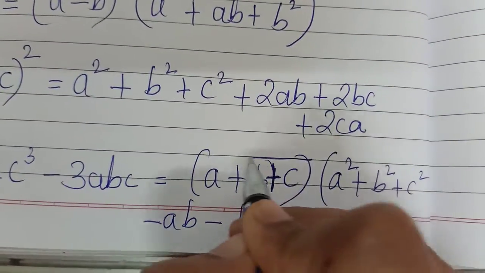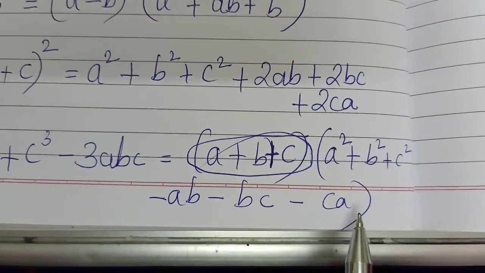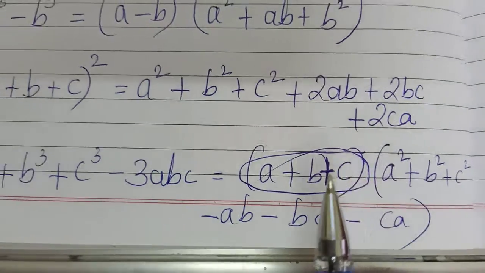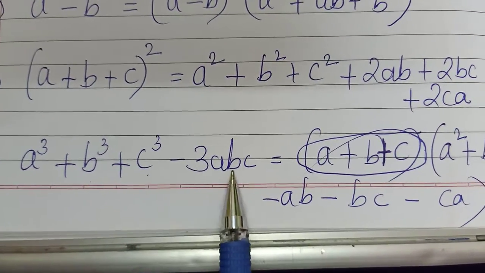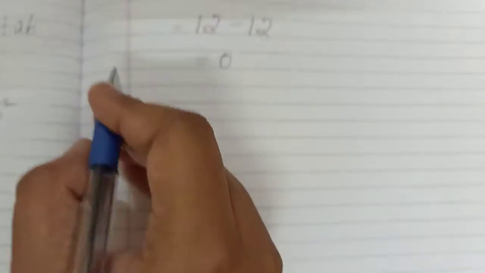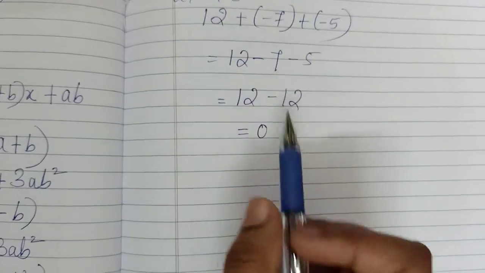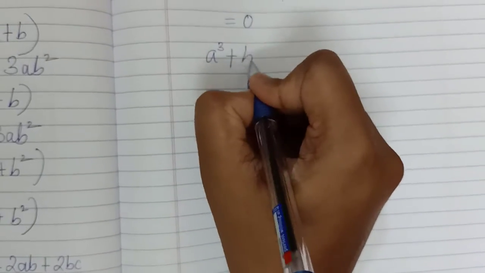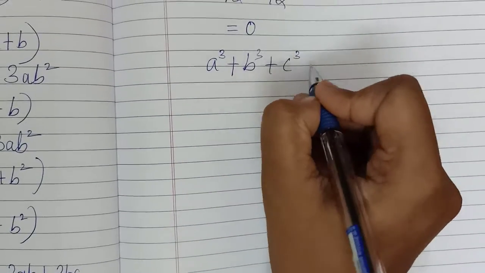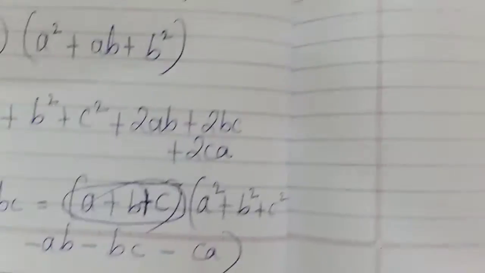If a plus b plus c is 0, then 0 multiplied by any number is 0 only. So for that, a cube plus b cube plus c cube will be equal to 3abc. Since you are getting a plus b plus c as 0, you have to remember that a cube plus b cube plus c cube minus 3abc is equal to (a plus b plus c) into this bracket.